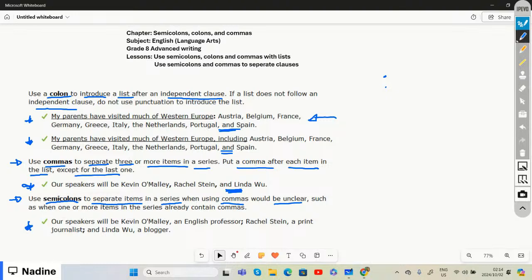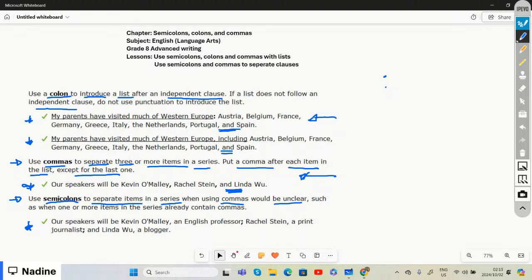If we look at this example, it says: our speakers will be Kevin O'Malley, an English professor; Rachel Stein, a print journalist; and Linda Wu, a blogger. So do you see what the semicolon did? We said who the speakers are going to be.